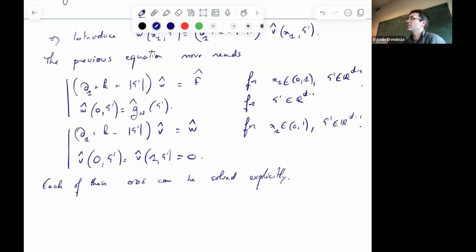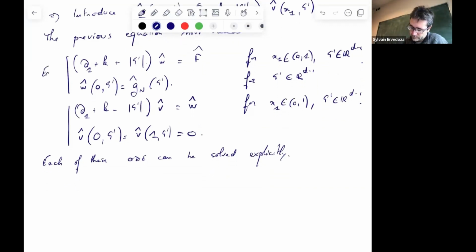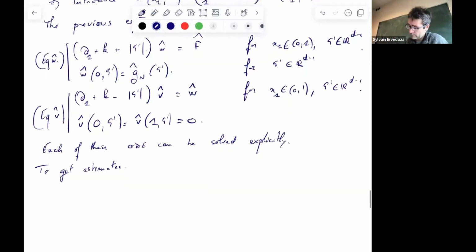So to get estimates, there is one very useful thing, which is simply a kind of multiplier technique. So you will start with w hat. You will have estimates on w hat in terms of f hat and g_n hat. And then you'll get estimates on v hat in terms of w hat. So this is a kind of cascade argument.